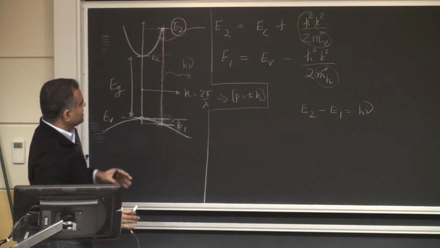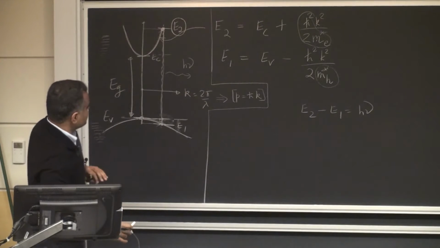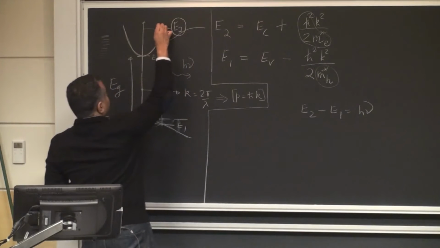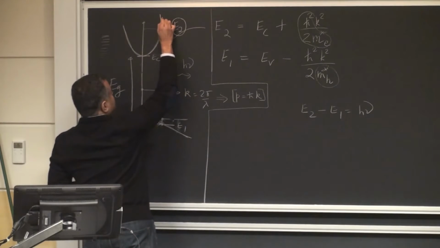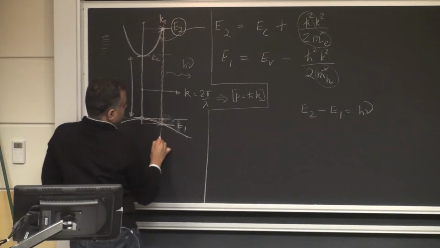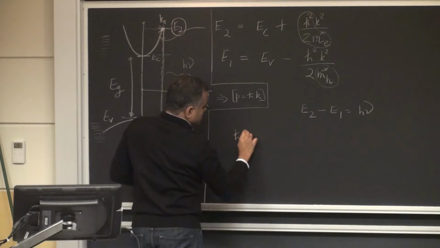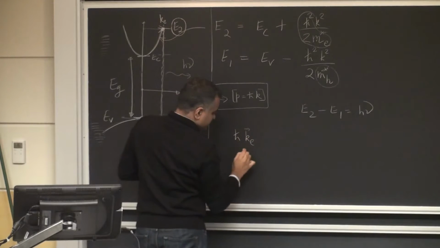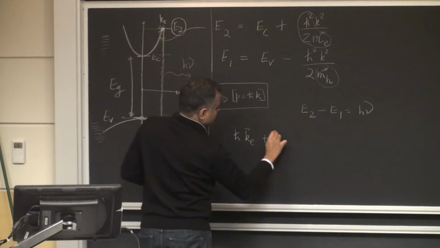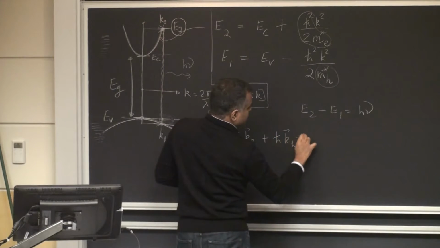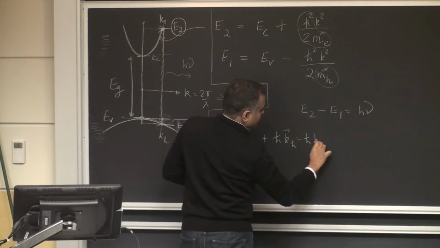When I say exactly, it's somewhat of an approximate relation because, if the k of the electron state was k sub e, let's say, and the k of the hole state was k sub h, then one expects that h bar times k electron, it has a direction as well, momentum, so h bar times k hole should be equal to h bar times k of the photon that comes out.